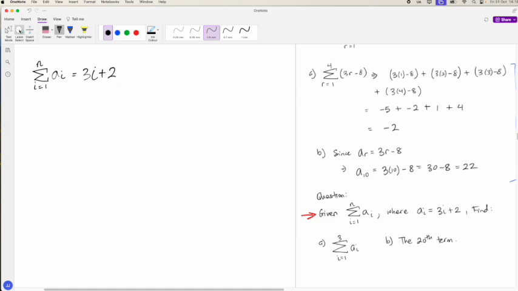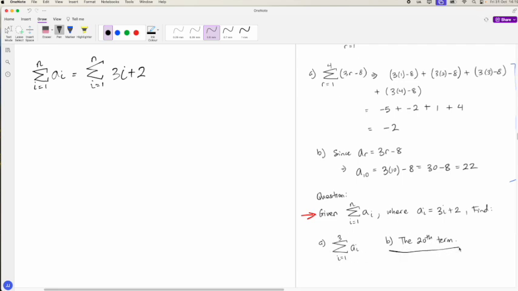Right? And the correct way to write it is the summation from i equal to 1 to n of 3i plus 2, that is ai. So we have to find the 20th term and the summation from 1 to 3.